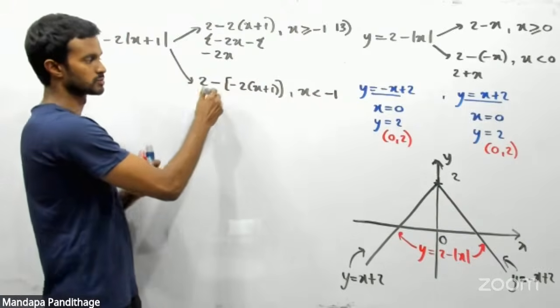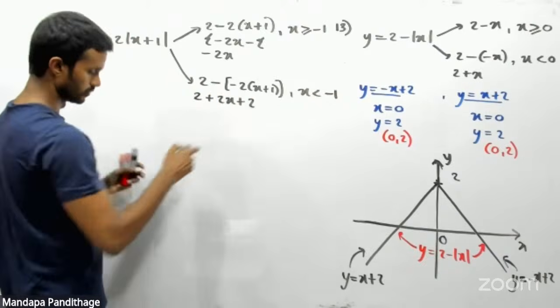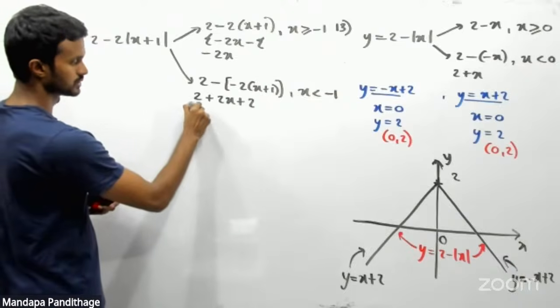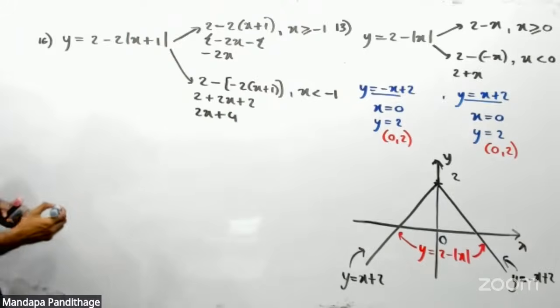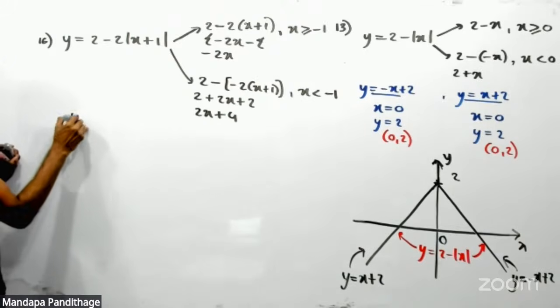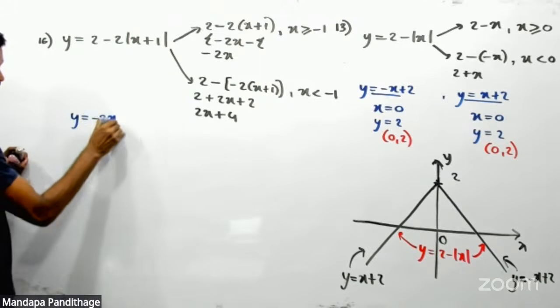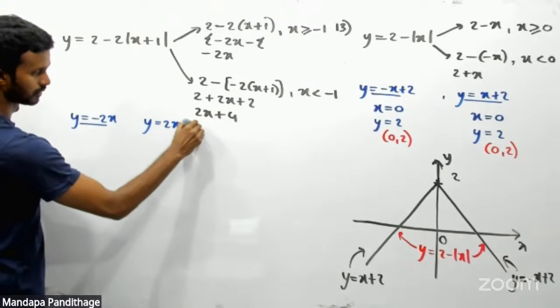So these two become plus, giving you 2 plus 2x plus 2, which means y equals 2x plus 4. So we need to understand what the two graphs are that we are supposed to draw here. It's y equals minus 2x in this case, and here it's y equals 2x plus 4.